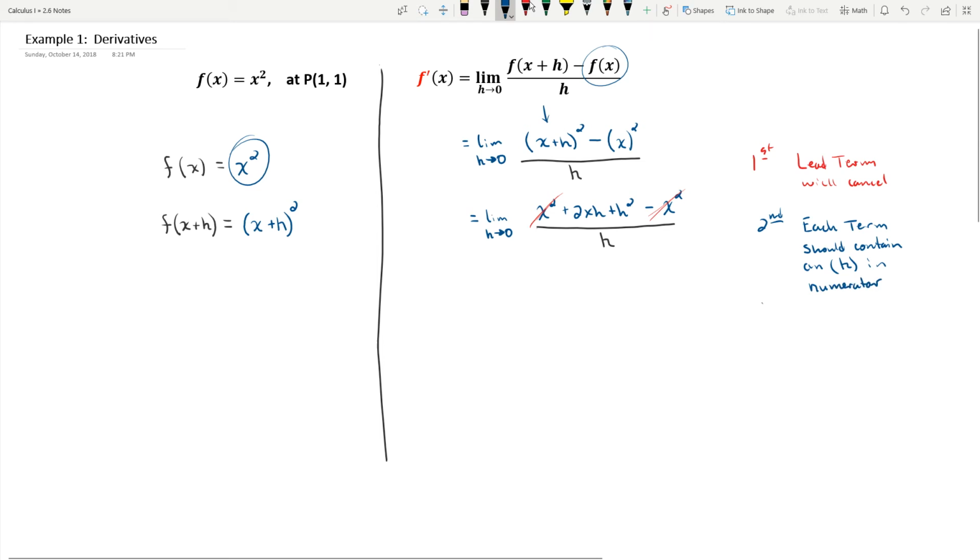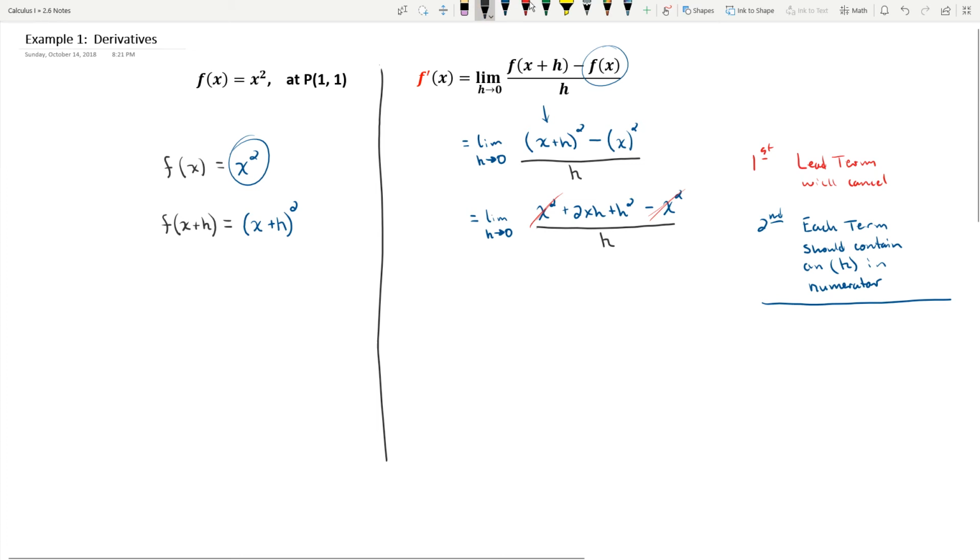So if you find yourself getting about halfway through and you've reduced and you find your numerator contains another variable, or you have a constant and each term does not contain at least one h, you've done something wrong, because you won't be able to factor that h out, as we're going to do in this next step.